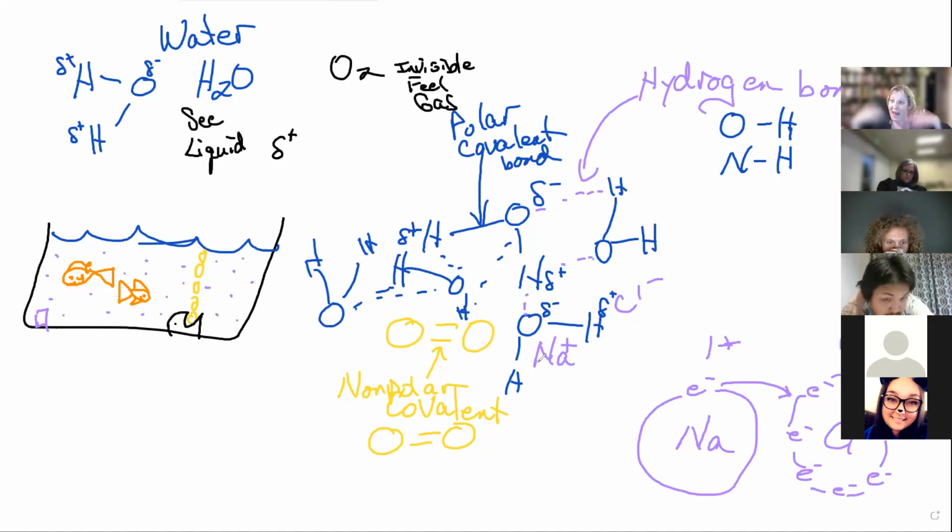And that's why salt dissolves. Because it has a charge, it can interact, it can be a part of the square dance. Whereas anything that's nonpolar, that doesn't have a charge, cannot interact. And so they sit around the outside or they get shoved to the surface.